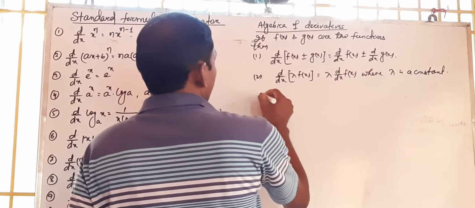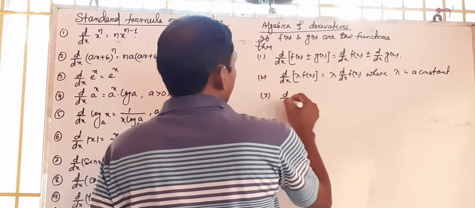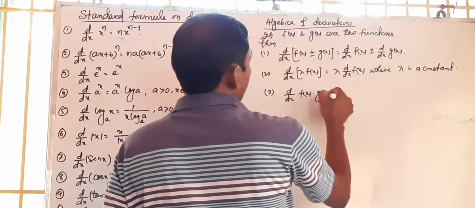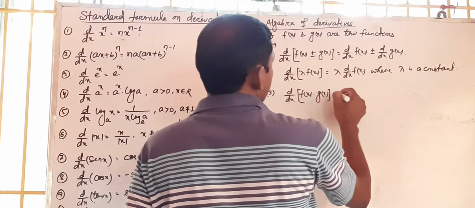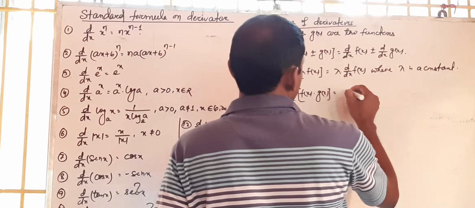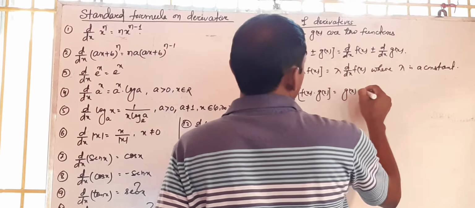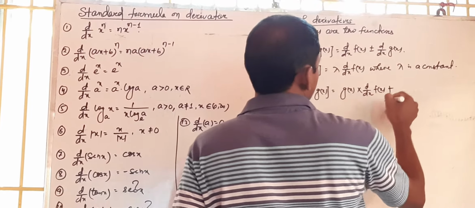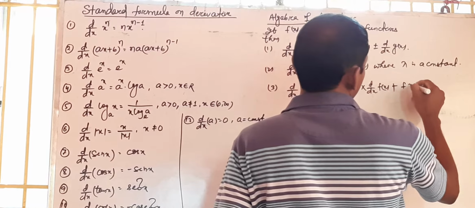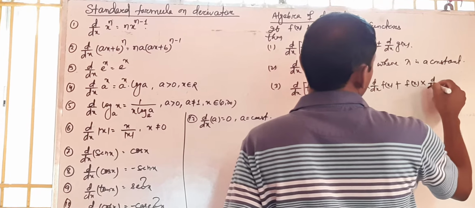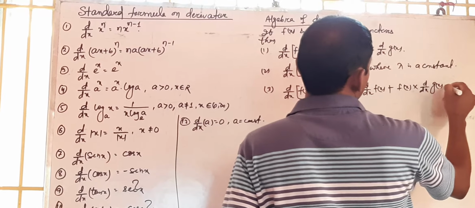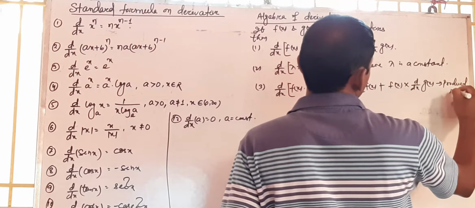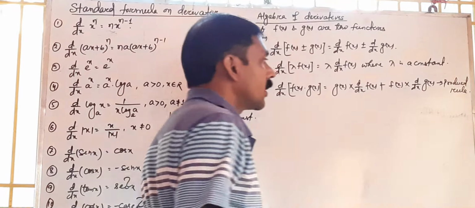Then number 3, derivative of f of x into g of x is g of x into derivative of f of x plus f of x into derivative of g of x, and you know that this is called the product rule of derivative.